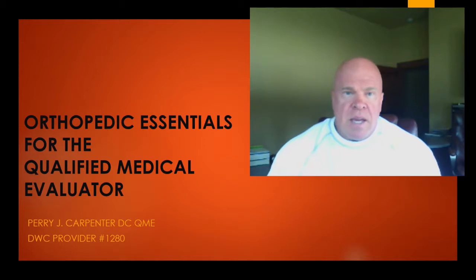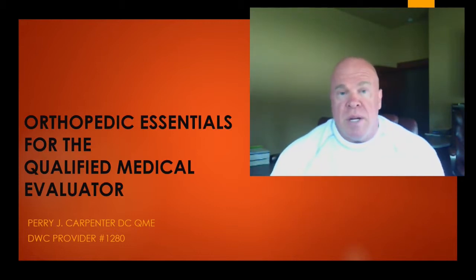And the AMA Guides encourage us to focus on positive objective findings in arriving at our determinations either for or against permanent impairments for injuries to the spine, the upper extremity, and the lower extremity. And it seems that many doctors are confused as to what constitutes a true positive objective finding.